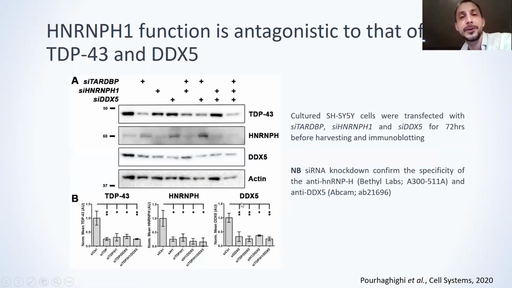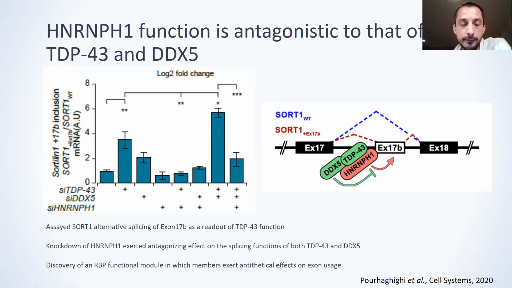The last part of this work was to look at functional aspects of complex 22. And we did this by taking SH-SY5Y cells and knocking down components of the complex. Here, TDP, hnRNP-H1, and DDX5, and then looking for known functional outcomes from that. And there's one really well-assayed function of TDP, and that is as a regulator of alternative splicing of exon 17b of sortilin-1.